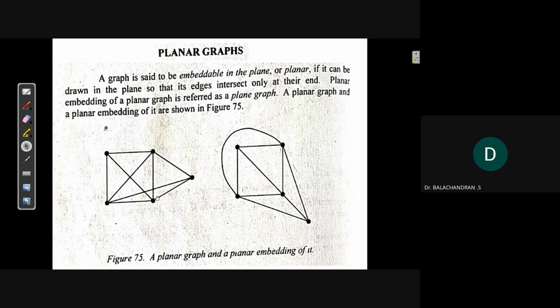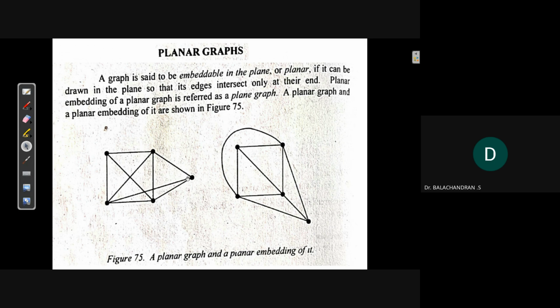for example, this is C4. Keep this one as it is, and then we'll keep this edge. Instead of drawing like this, we draw it differently. They put this vertex here, and this vertex here.